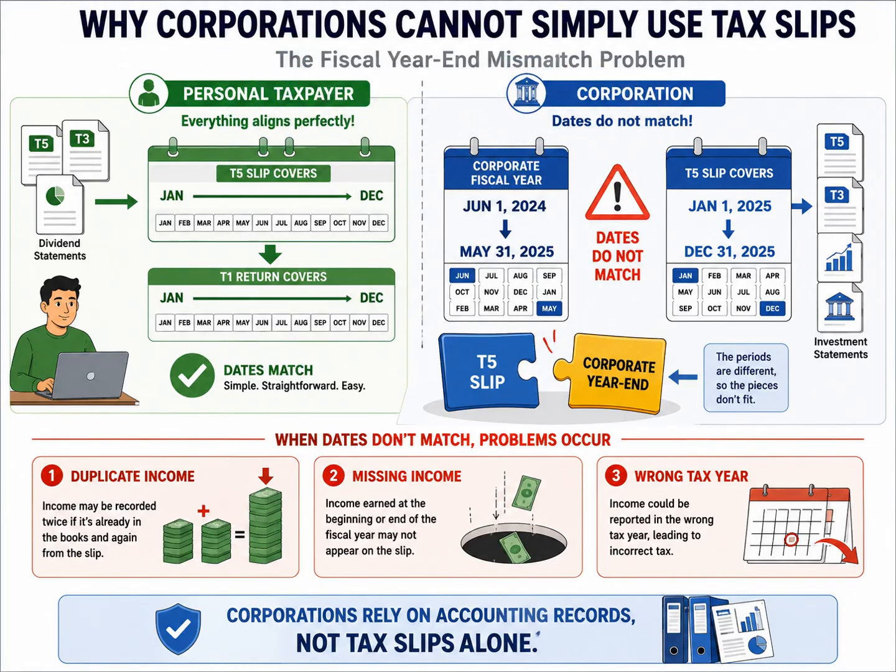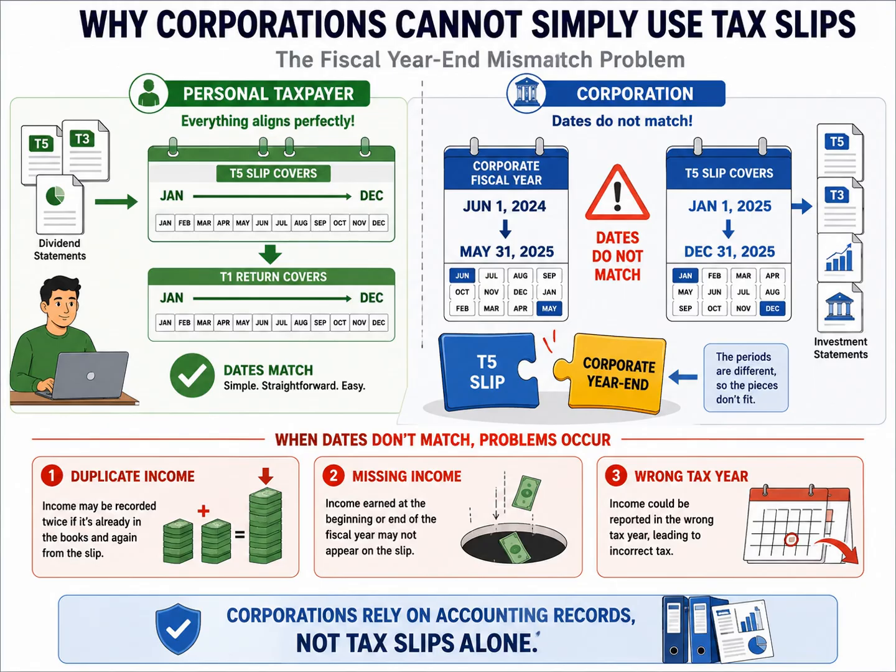That is why corporations cannot rely on tax slips alone. Instead, they rely on accounting records that track investment income based on the corporation's actual fiscal year. These accounting records ensure that income is reported in the correct period, regardless of when the tax slips are issued.